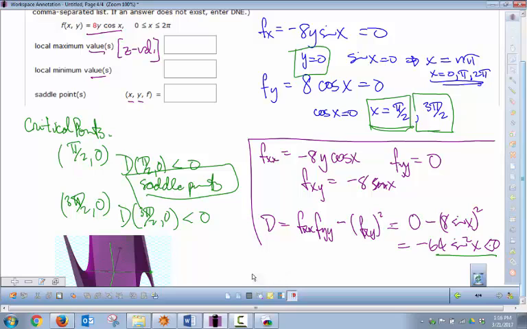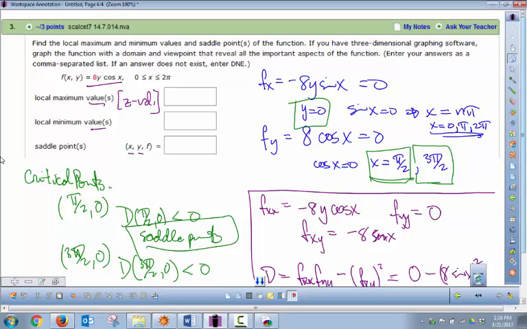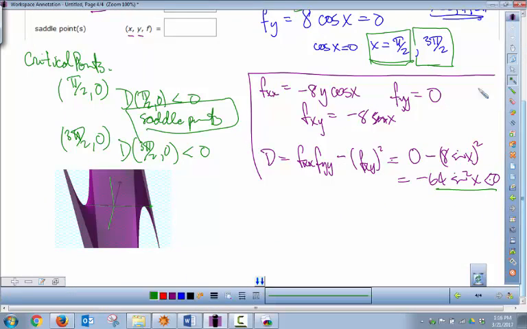All right, should we try typing in the answers? Yeah. Oh, we need to figure out what the saddle points are. So we figured that these are saddle points. Our saddle points are here. That's where D is less than 0, right? We have x is equal to pi over 2 and y is equal to 0.